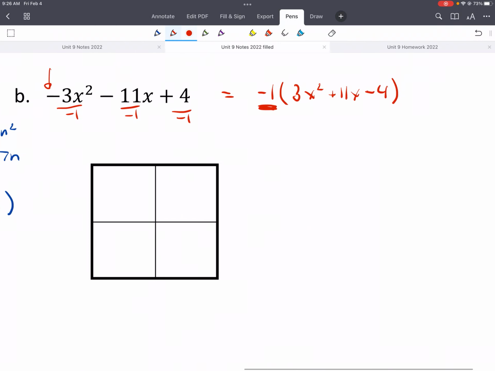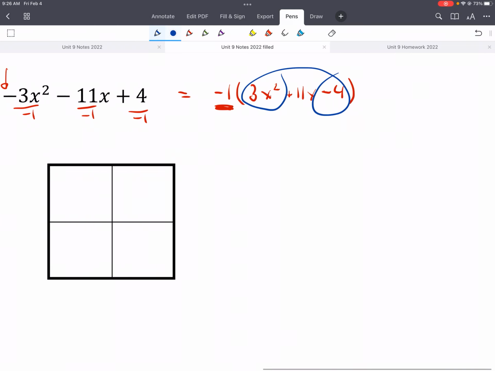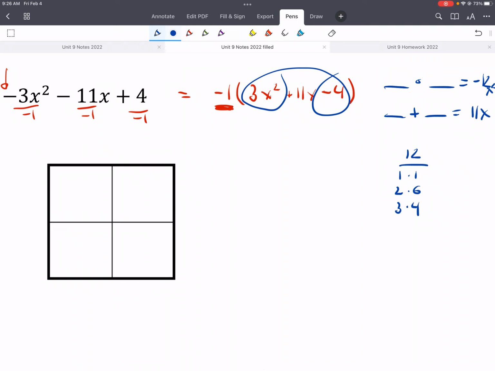All right, so now we'll do the glasses. Negative 12 needs to multiply to negative 12, because I need more room for that. Negative 12x squared, and needs to add or subtract to give us 11x. So our factor pairs for 12 would be 1 and 12, 2 and 6, or 3 and 4.